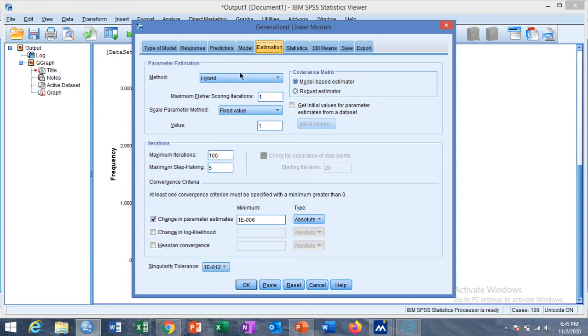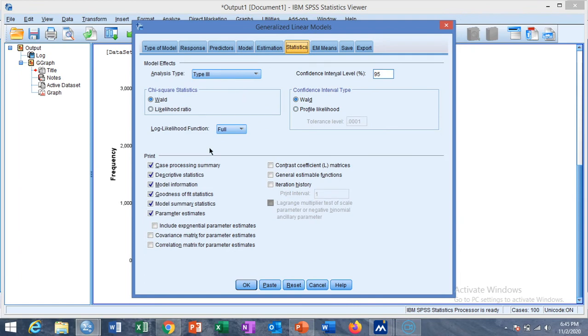Leave all the categories as filled by default, and then go to the statistics. Case processing summary, you will see the descriptive statistics and model information and goodness of fit statistics, model summary statistics, and parameter estimation.